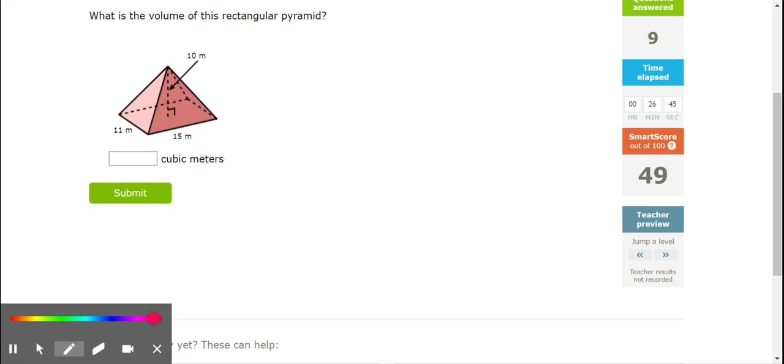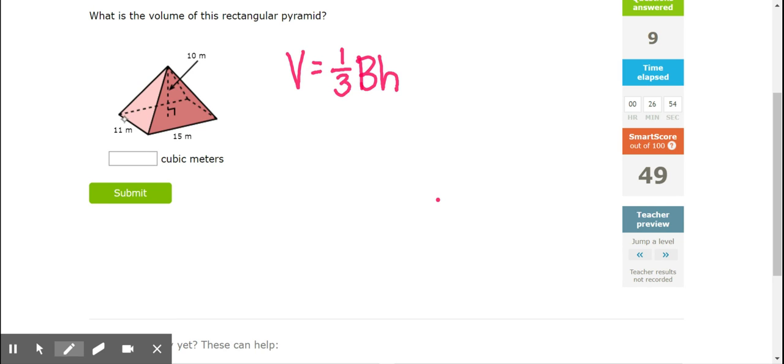Okay, so the volume of the pyramid, volume equals 1/3 times capital B times H. My base is another rectangle. For the area of a rectangle, you do length times width. Here's my length, here's my width.